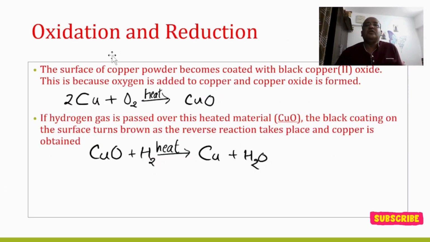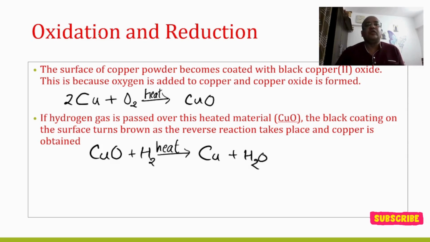Now let's talk about oxidation and reduction reactions. For that, we'll take copper. The surface of copper powder becomes coated with black copper oxide. This is because oxygen is added to copper and copper oxide is formed.